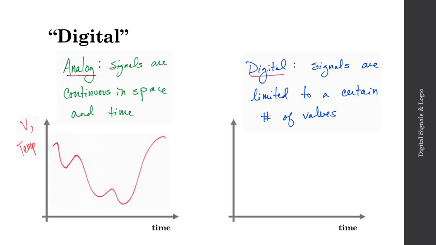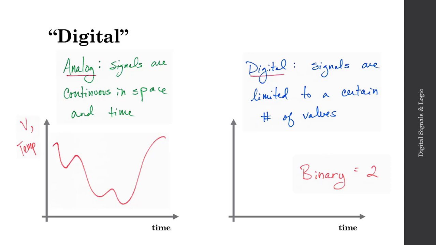Digital signals, on the other hand, are really limited to a certain number of values. So let's say I have that same system, same sensor, let's say, with respect to a voltage or a temperature in terms of time. If I look at that signal that's continuous in an analog sense, if I look at that signal now in a digital sense, well, it's going to be limited to a certain number of values. And the most common configuration here is a binary system.